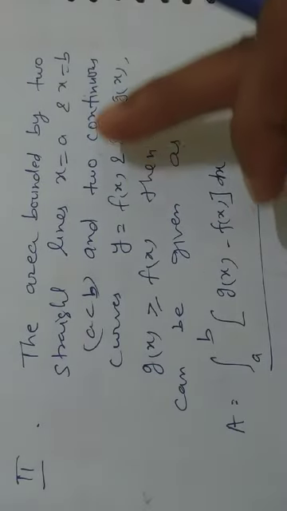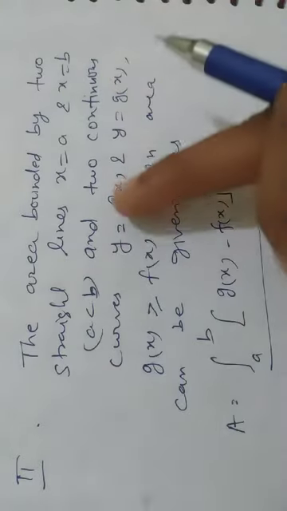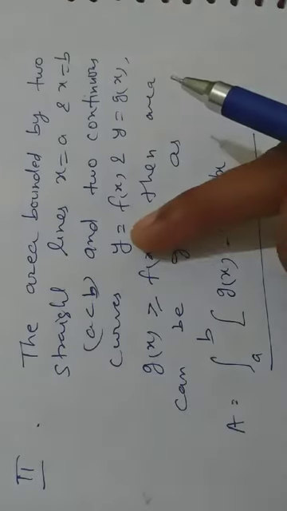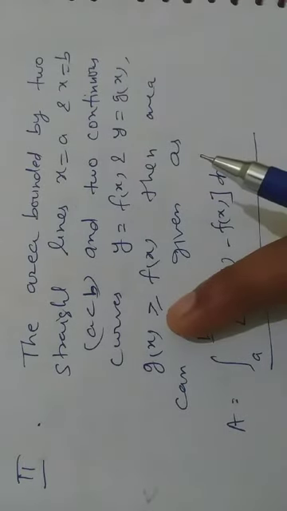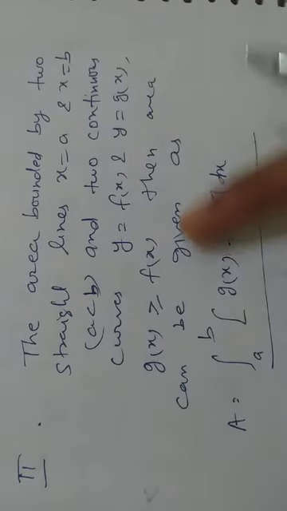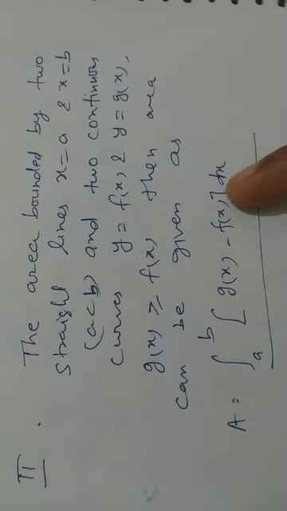In case 2, dear students, the area bounded by two straight lines x equal to a and x equal to b, a less than b, and two continuous curves y equal to f(x) and y equal to g(x), where g(x) is greater than or equal to f(x), can be given as A is equal to integral a to b (g(x) minus f(x)) dx. This is the figure.